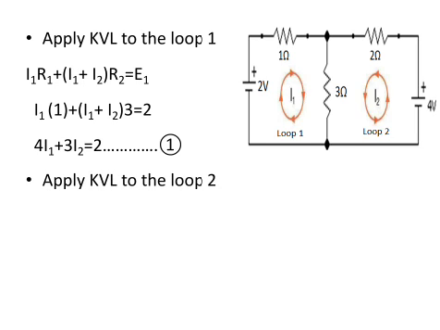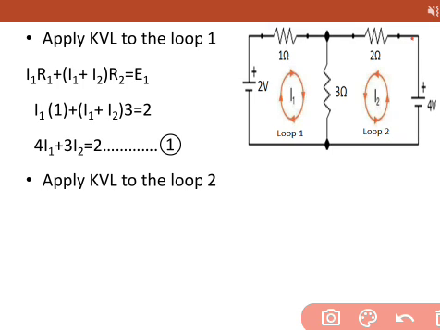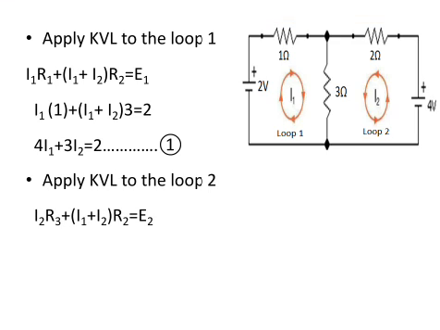Next, apply KVL to loop 2. I am starting from this point. I2 into R3 plus (I1 plus I2) into R2 equals E2.